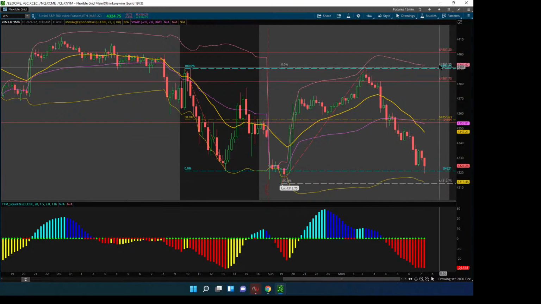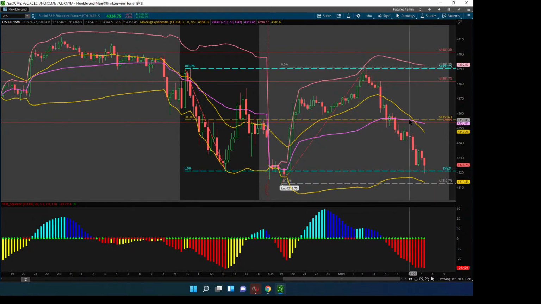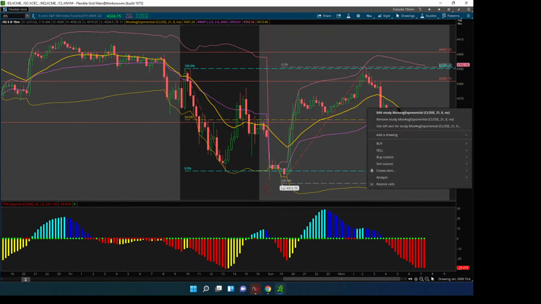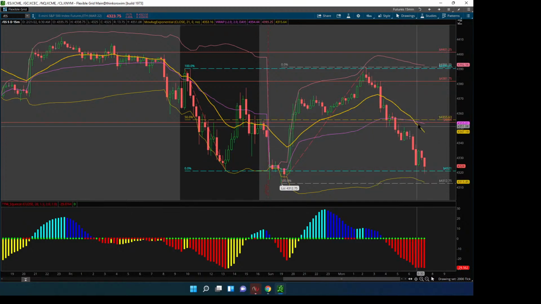Well, price is in between these two things. Here I do have the VWAP, and there's a moving average. I think that this one is the 21 moving average right there. So if it's below, I would be bearish, and if it's above, I would be bullish.